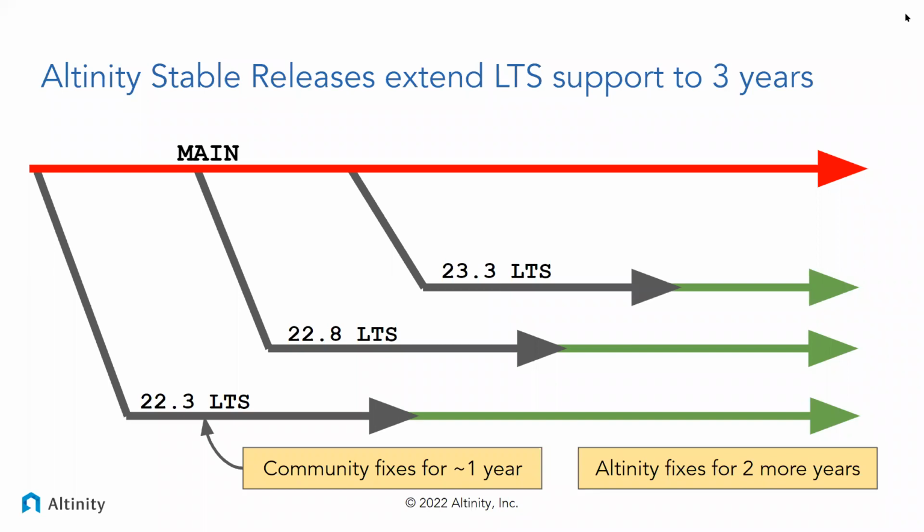Once 22.3 is not supported by upstream anymore, we backport features and major bug fixes from the next LTS version, like 22.8 or 23.3, back to 22.3 for a couple of more years, like 2 more years, for instance. That makes about 3 years of support for any LTS version.